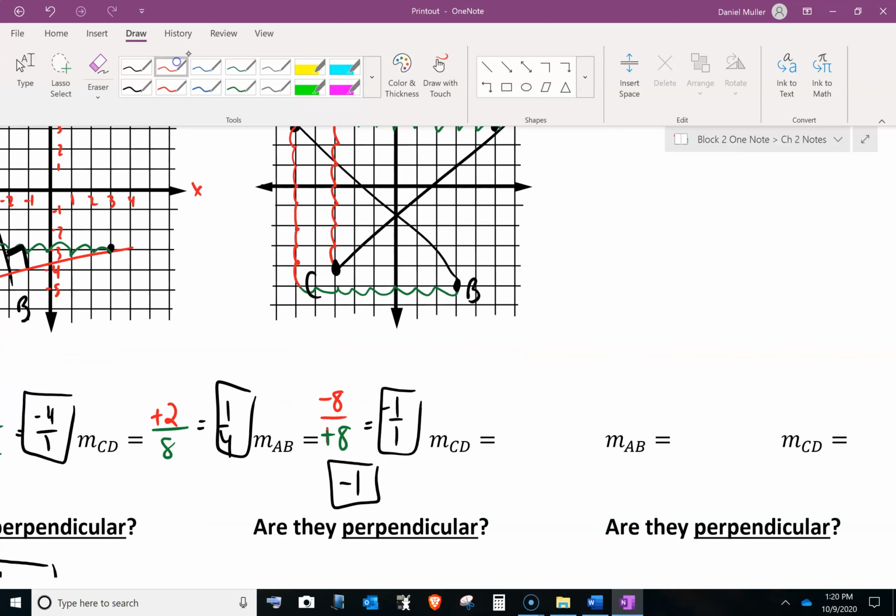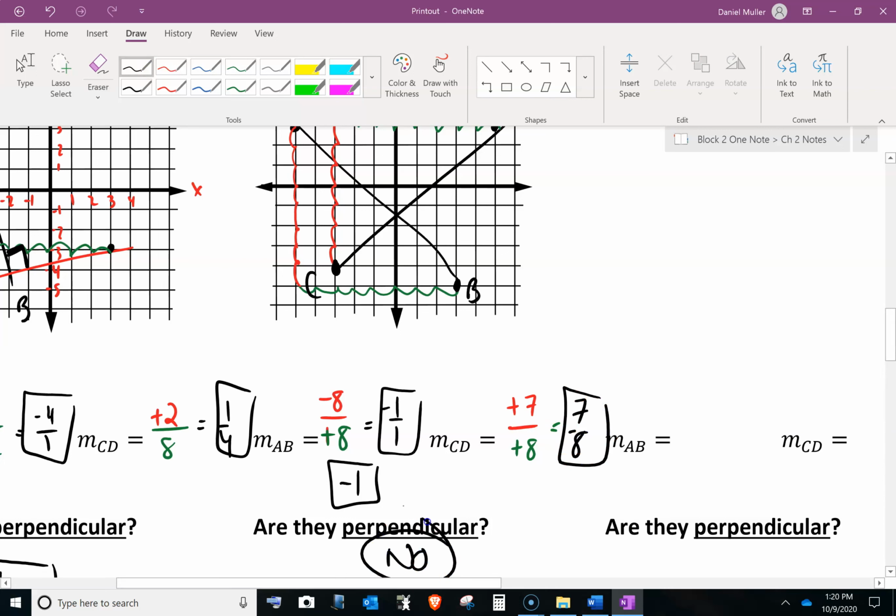So I have up 7, and then I've got right 8. So that's a positive. Positive is up, and positive is right. So 7 over 8 is my answer, and that is not the same as 1 over 1. So the answer, of course, is no. It's not. So we can't put this symbol there because it's not perpendicular.